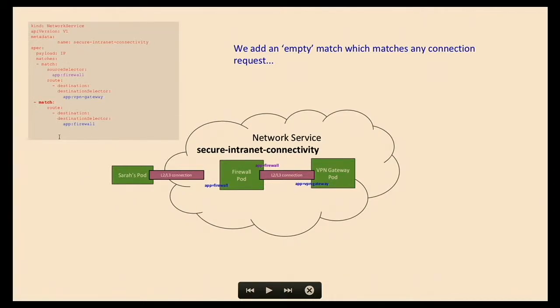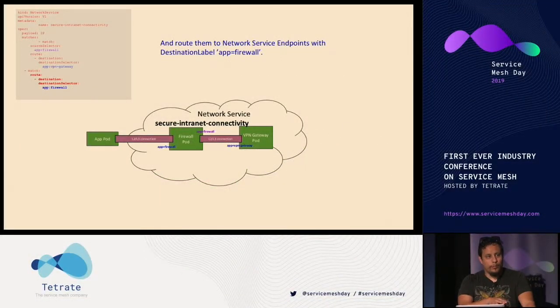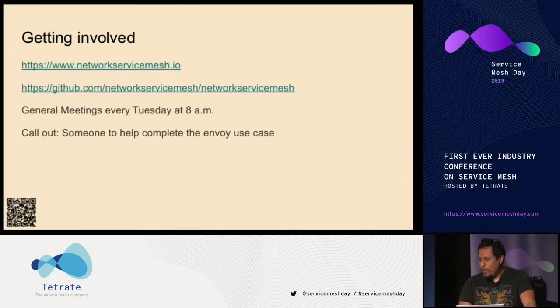So instead, we're able to match the default selector, which is you connect to the firewall. So with that, we're able to perform that particular connection. So you can make arbitrary types of connections, very similar to Istio. We borrowed some concepts from Istio in order to do that L2, L3 matching.